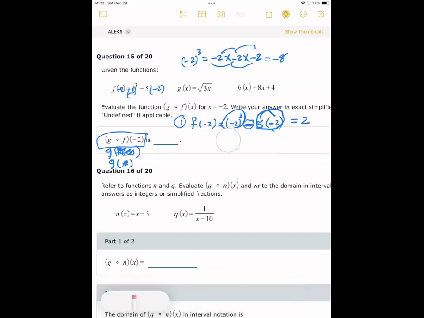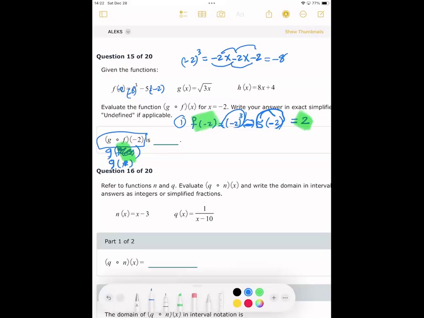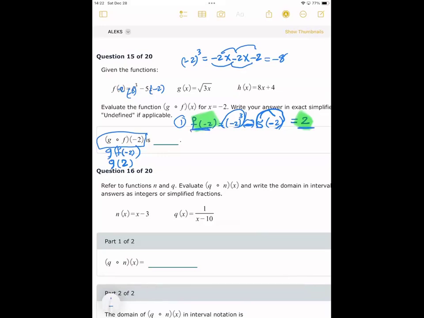Let me get rid of these. I got a 2 here for f of -2. So f of -2 now is 2, right? This was f at -2, and f at -2 is 2.